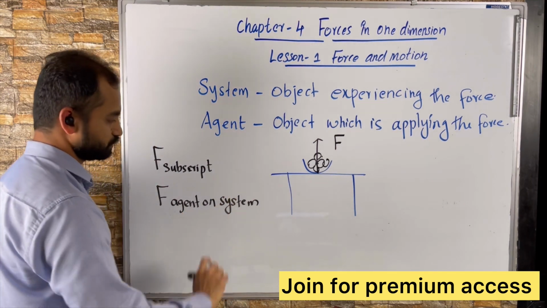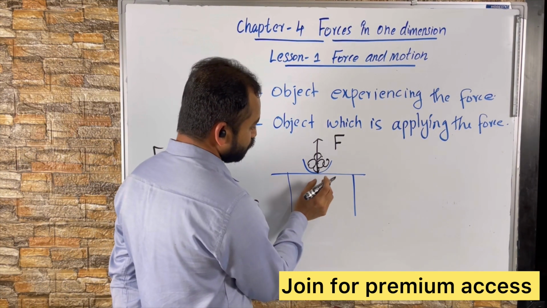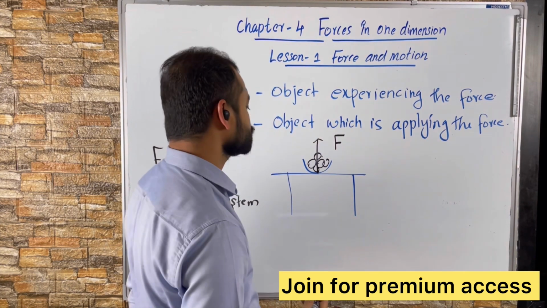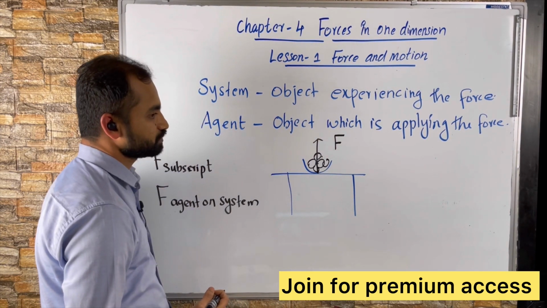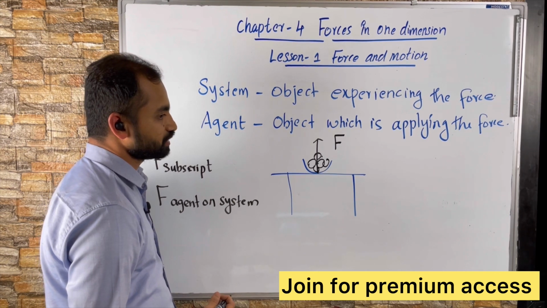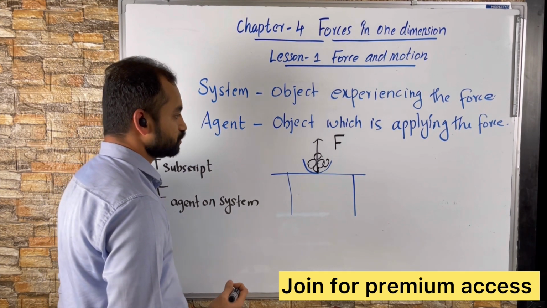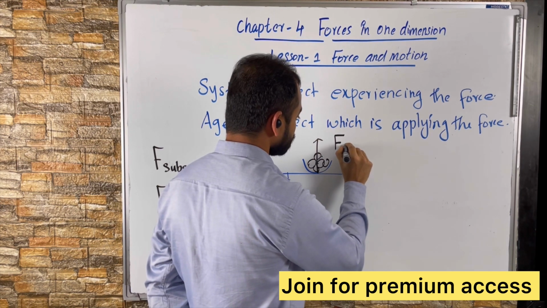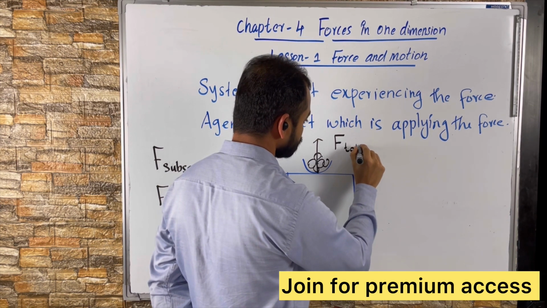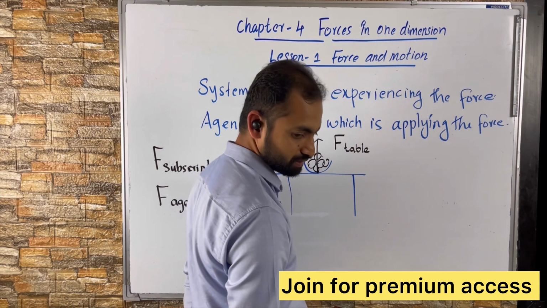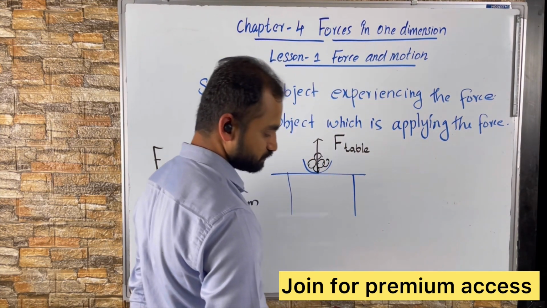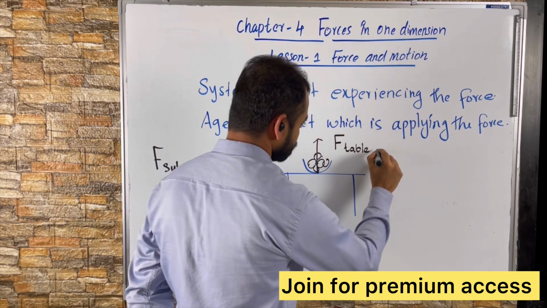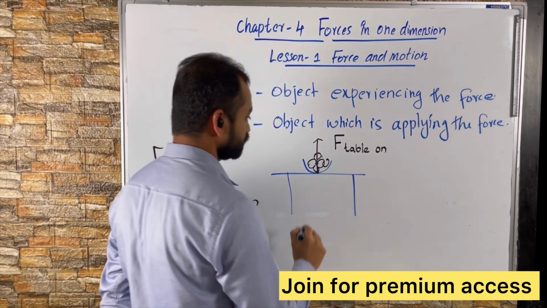So here on this bowl, what is applying the force on the bowl? Table is applying the force, right? So we will write like this: F table. First we will write agent, F table, then write on system. Here what is system?